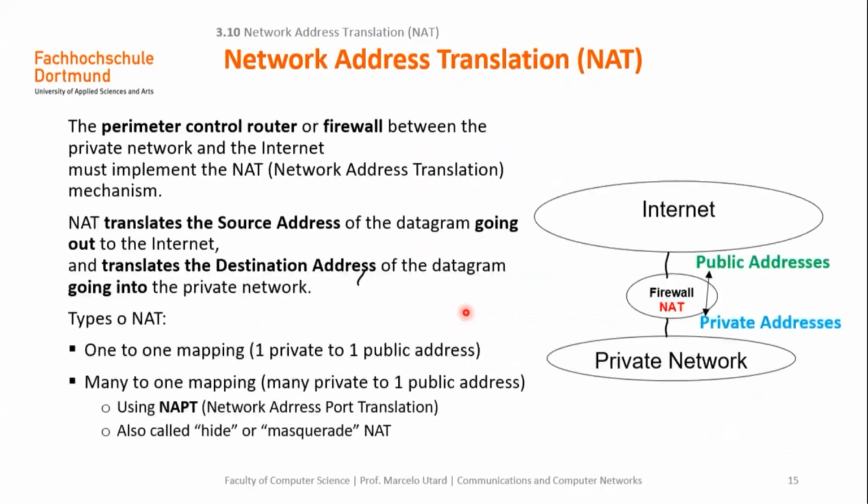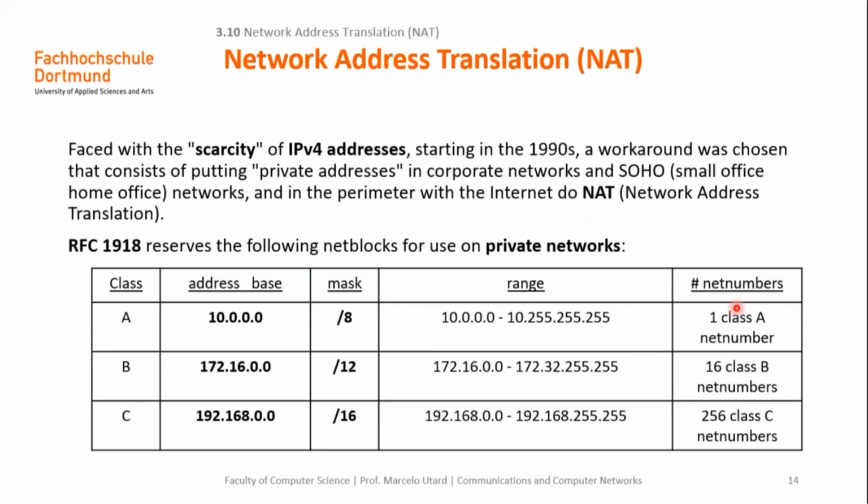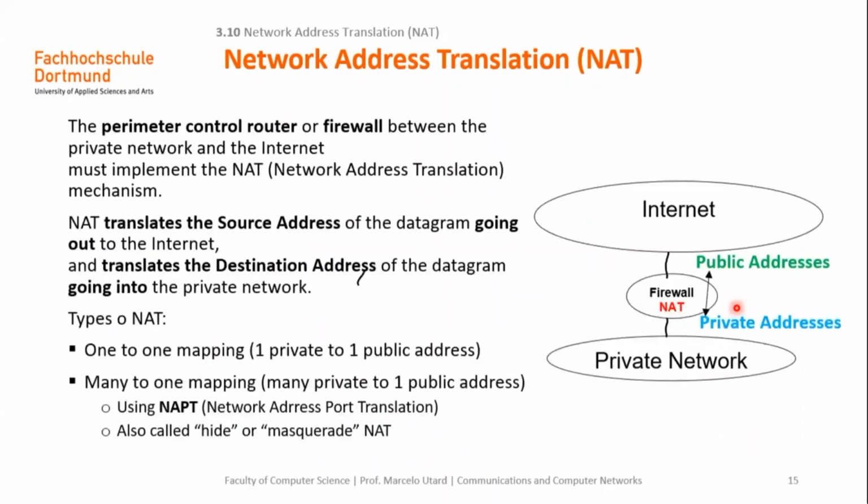Then what we need to understand clearly is that, if here we have the internet, that is a public network with public addresses, there are some addresses that in fact are not used within the internet, and are for use only within private networks.